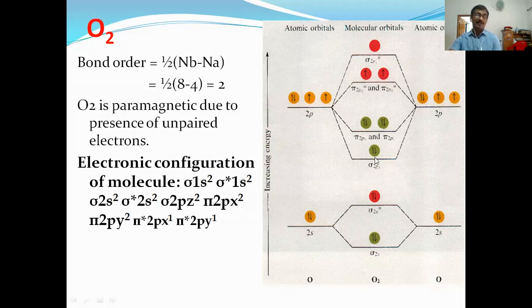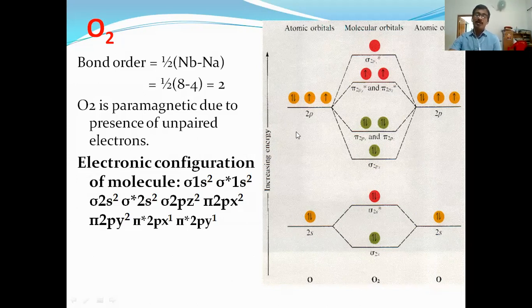In all the other cases that we discussed earlier, it was pi 2px and pi 2py first, but here sigma 2pz. Sigma 2pz, then pi 2px and pi 2py of the same energy, pi star 2px and pi star 2py of the same energy. Finally, sigma star 2pz.